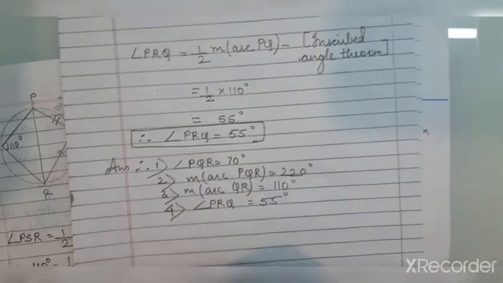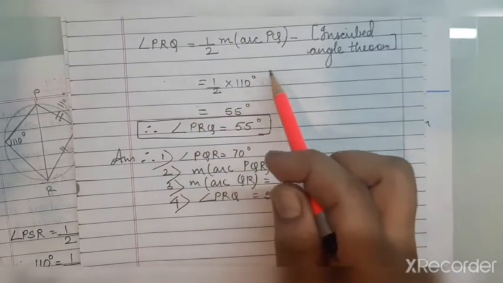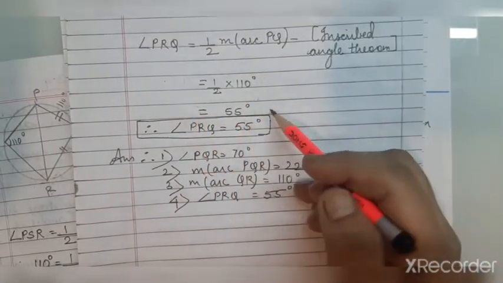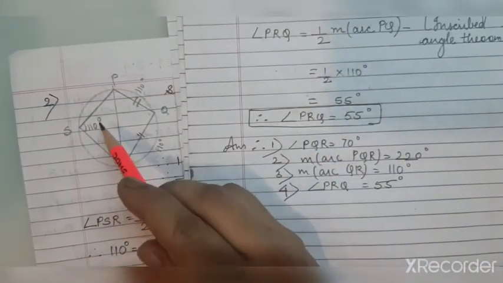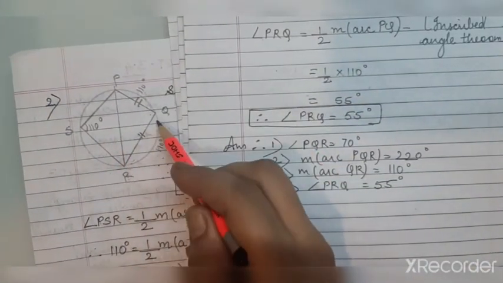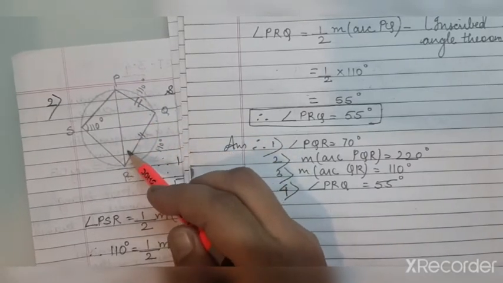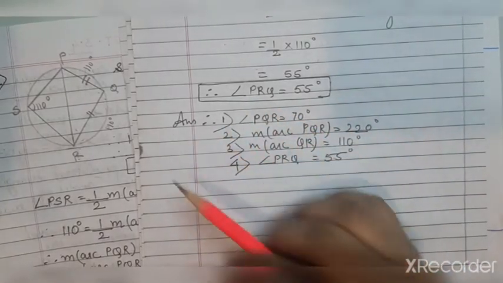So you can see here that angle PRQ is equal to half of measure arc PQ, inscribed angle theorem. Half of 110 is 55 degrees. In this way we get angle PRQ, half of PQ. PQ is 110 and half of that is 55. And after you find all four answers, you will write the answer together.